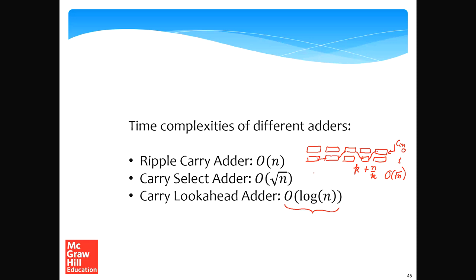And the way we do it is basically via creating a tree that computes the GP functions. You first walk downwards, compute the GP function for each block, and then we walk upwards where we compute the carry outs for each bit pair, and finally we use a ripple carry adder to do the addition.